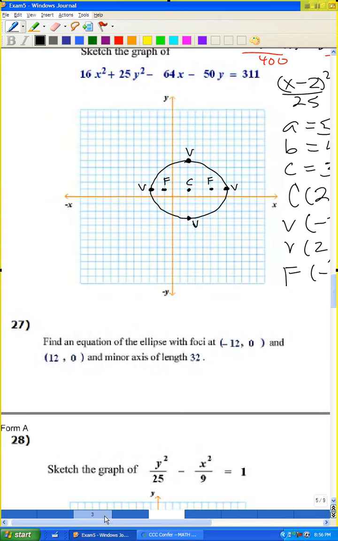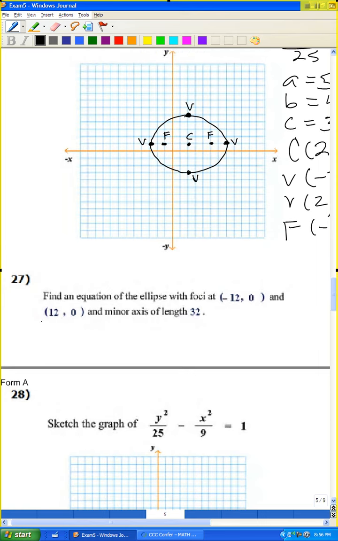Find the equation of the ellipse. So first off, the midpoint of the foci is the origin. Therefore, the equation of my ellipse is as follows, where the foci are at 12 and minus 12. Therefore, C is 12.